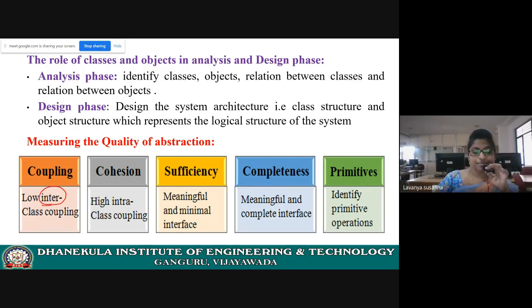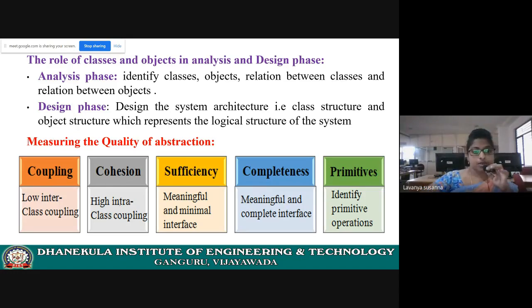Intercommunication means communication between the components, right? There must be low coupling between the components, and there must be high coupling within the component. Within the component there will be many subcomponents. I hope you understood. I'm sorry if it confused you.